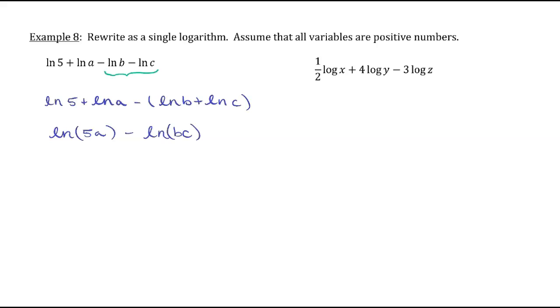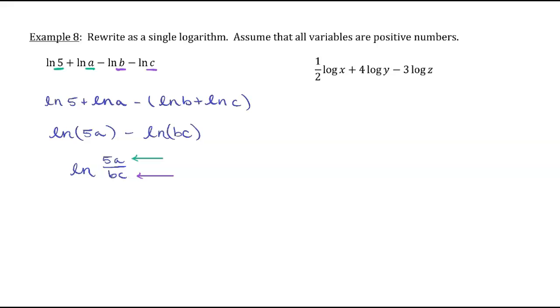Now we can clearly use the quotient rule and turn this into the natural log of 5a divided by b times c. Again, noticing that the arguments of the logarithms that were added, 5 and a, are in the numerator, and the arguments of the logarithms that were subtracted, b and c, are in the denominator.